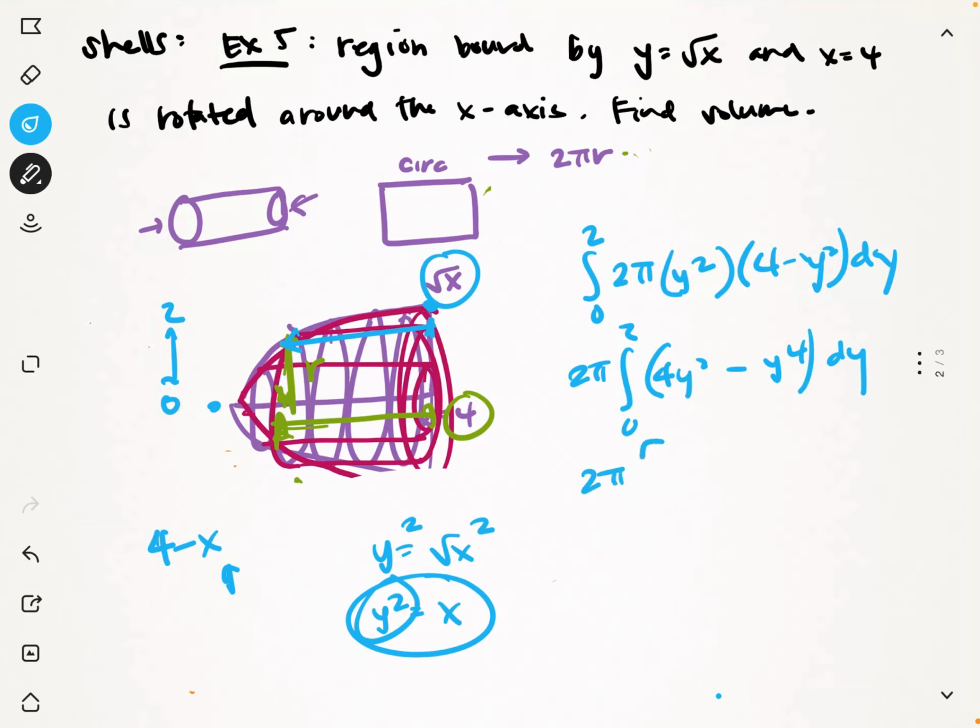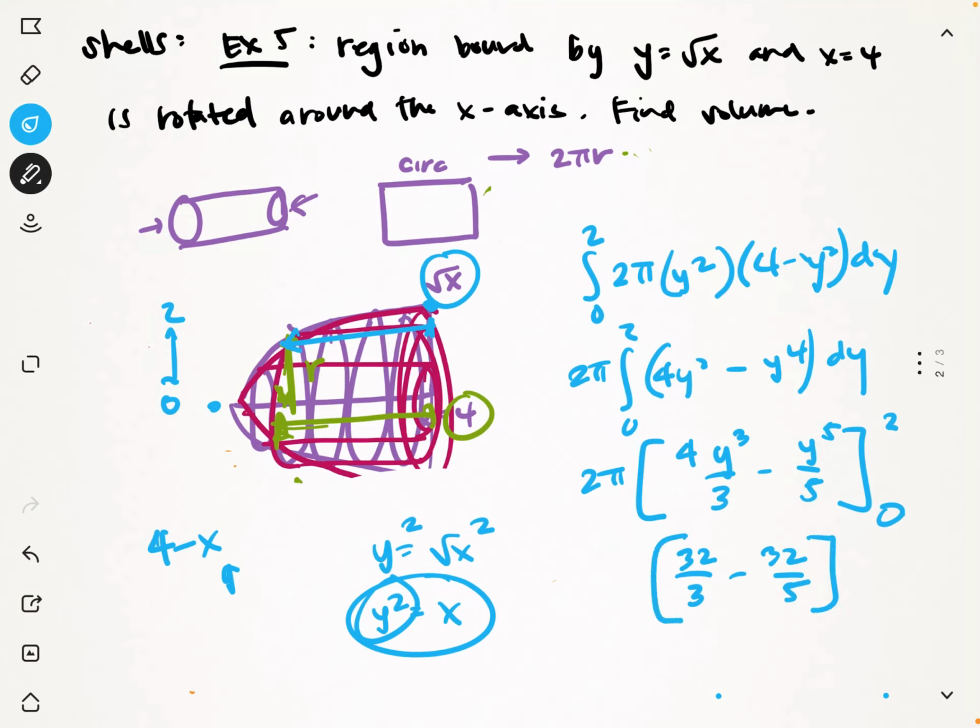So 2 pi, and then we're going to do 4y cubed over 3 minus y to the fifth over 5 from 0 to 2. And then when we plug in here, we get 4 times 2 cubed is 8. So 8 times 4 is 32 over 3 minus 2 to the fifth, which is 32 over 5.